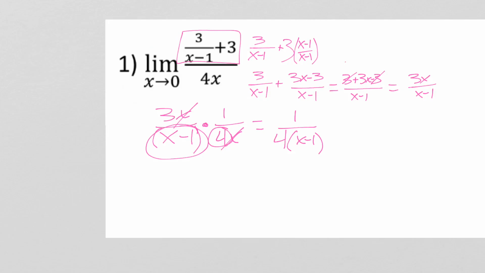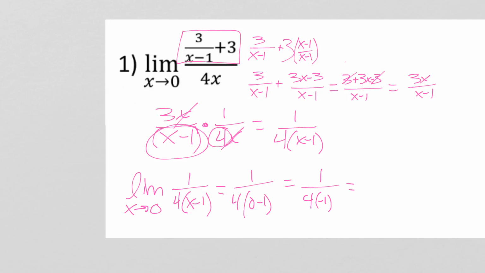So we've simplified that entire messy thing down to 1 over 4 times x minus 1. We'll rewrite that limit as x approaches 0 of 1 over 4 times x minus 1, and we can directly substitute in. So 1 over 4 times 0 minus 1 gives us 1 over 4 times negative 1, and so we have negative 1/4 as that limit.